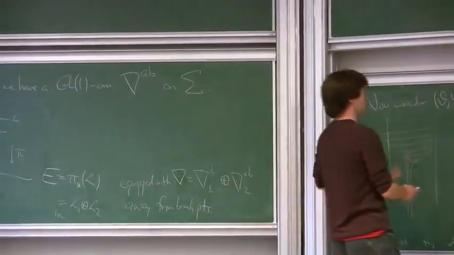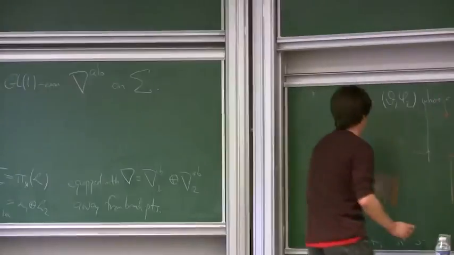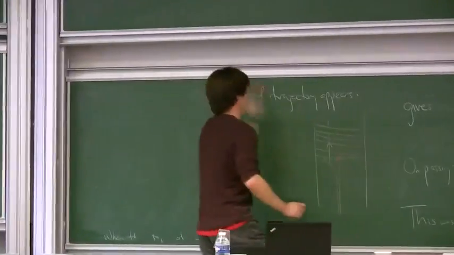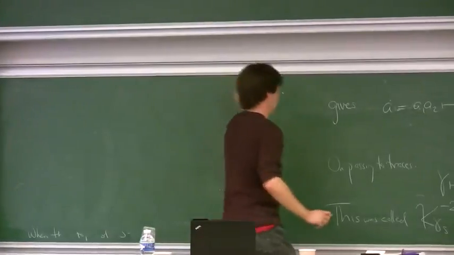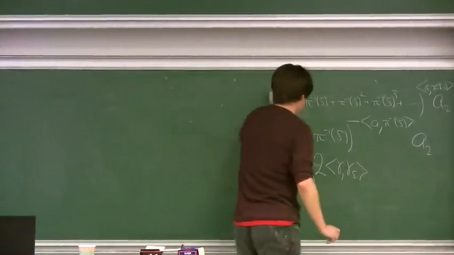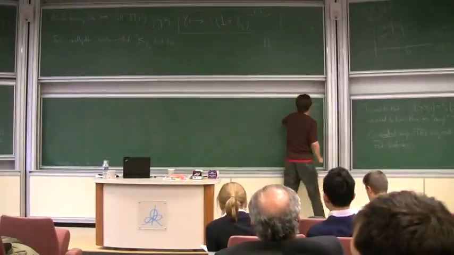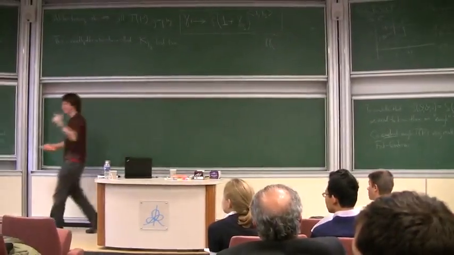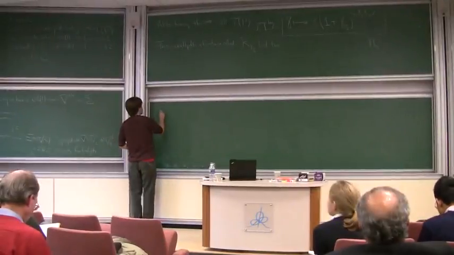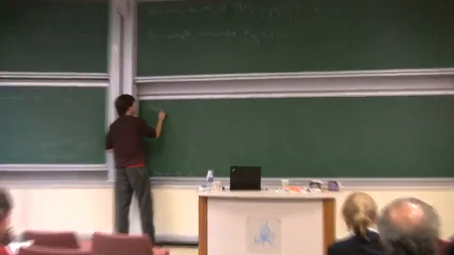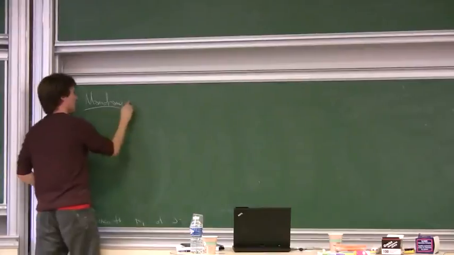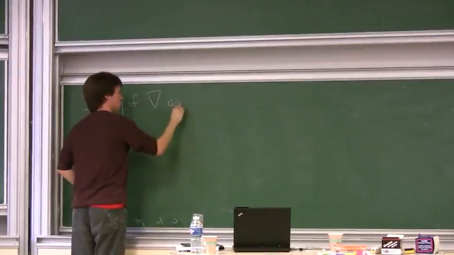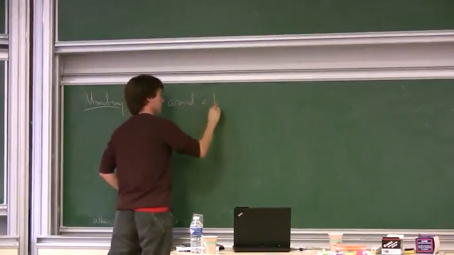So suppose I take this naive direct sum connection, I take monodromy around one of the branch points. So monodromy of nabla around a branch point.